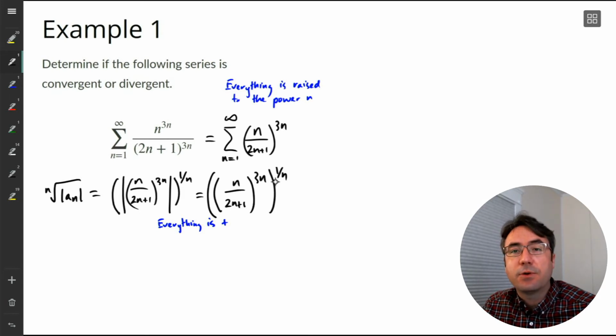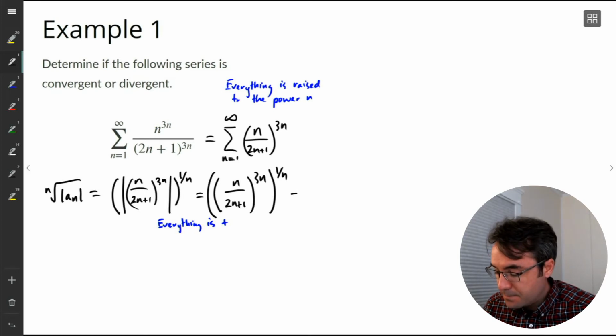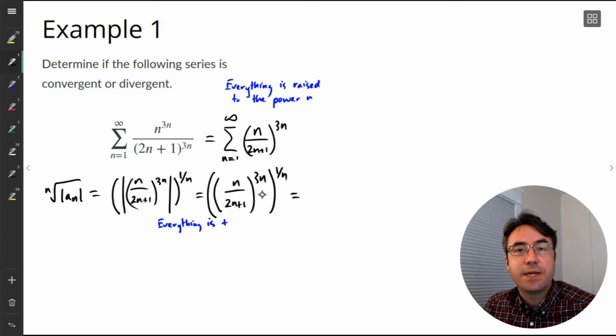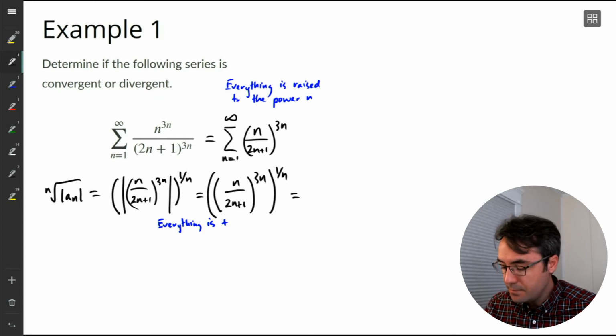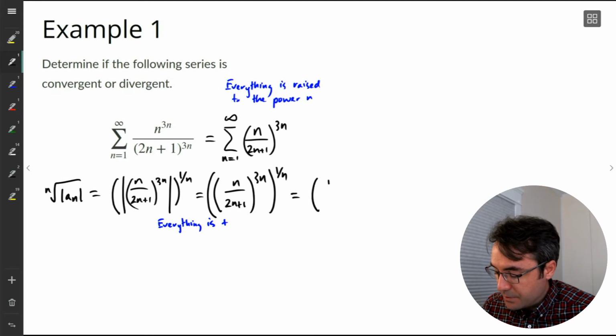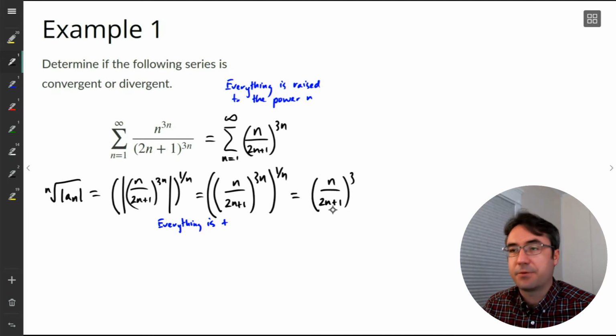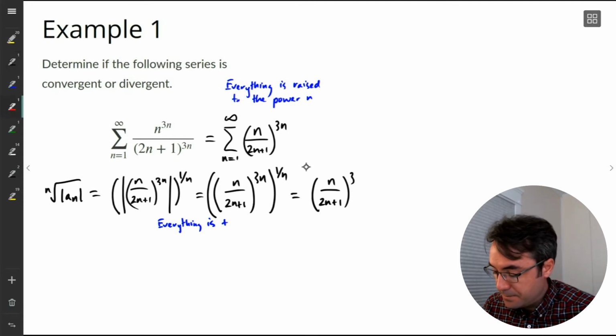So that's one of our exponent rules. So we just multiply those exponents together. So we have 3n times 1 over n, the n's cancel. So we're left with just (n over 2n plus 1) raised to the power 3. So we've just multiplied the exponents there. And that's an exponent law.